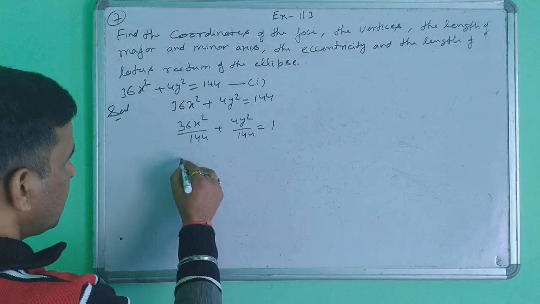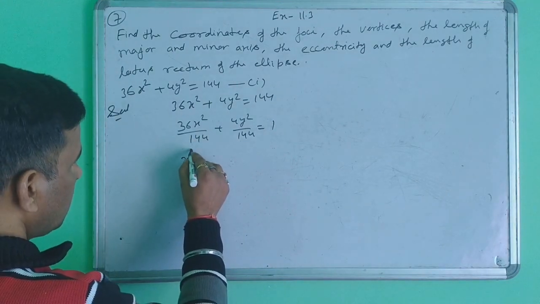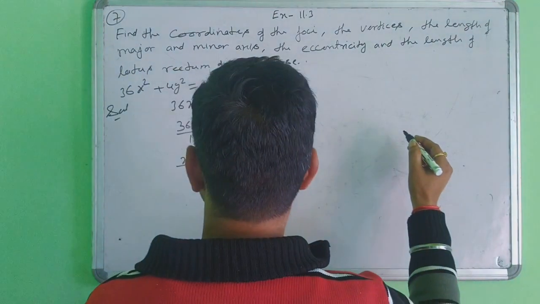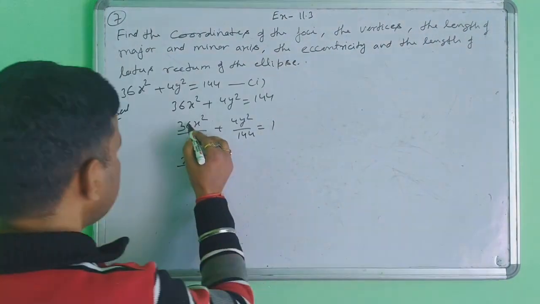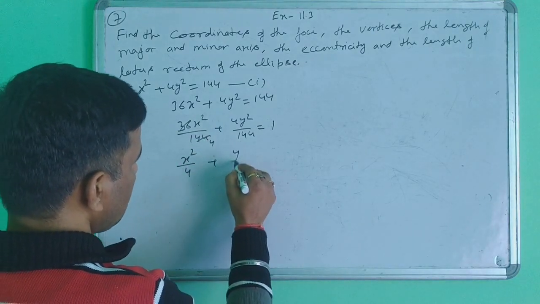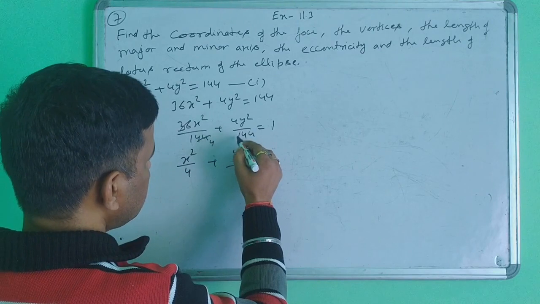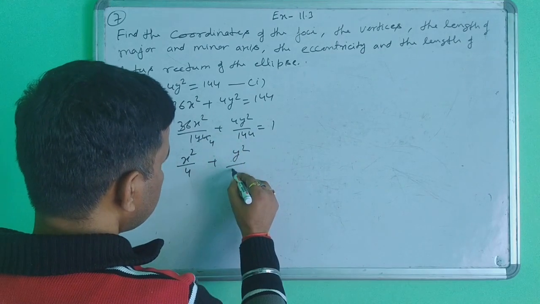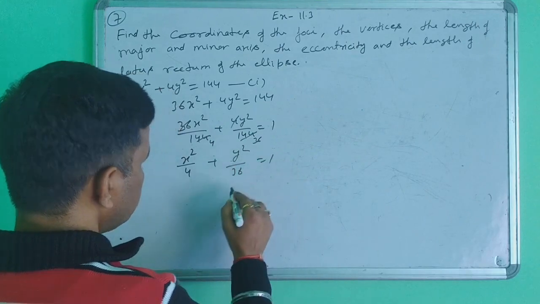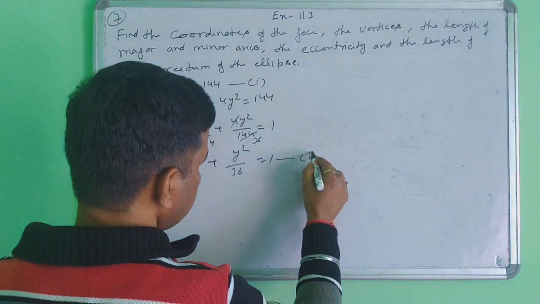After that you will write x square upon, now solve it. How many times is 36 in 144? 4 times, so 36 will be cancelled here. What is left here? 4. Plus y square upon, 4 times 36 is 144, so this will be cancelled, leaving 36.